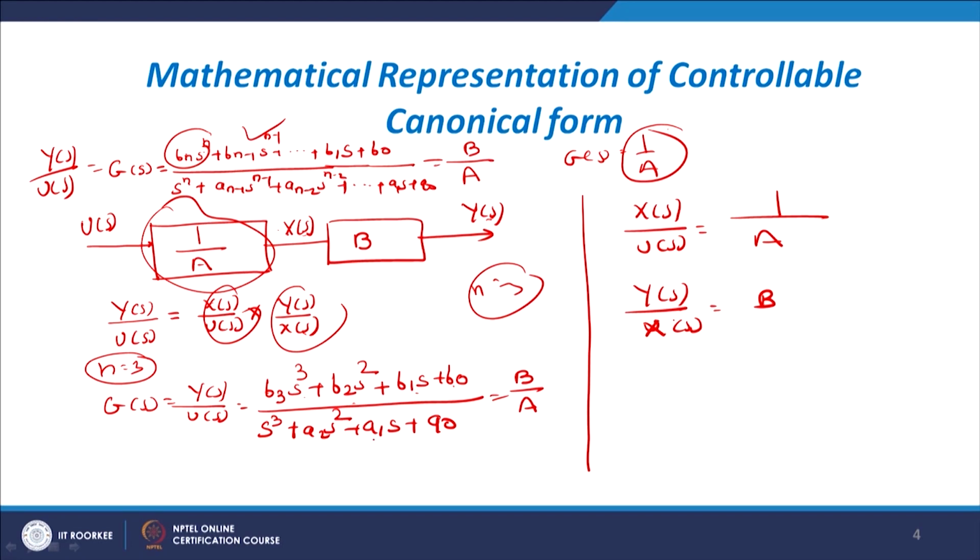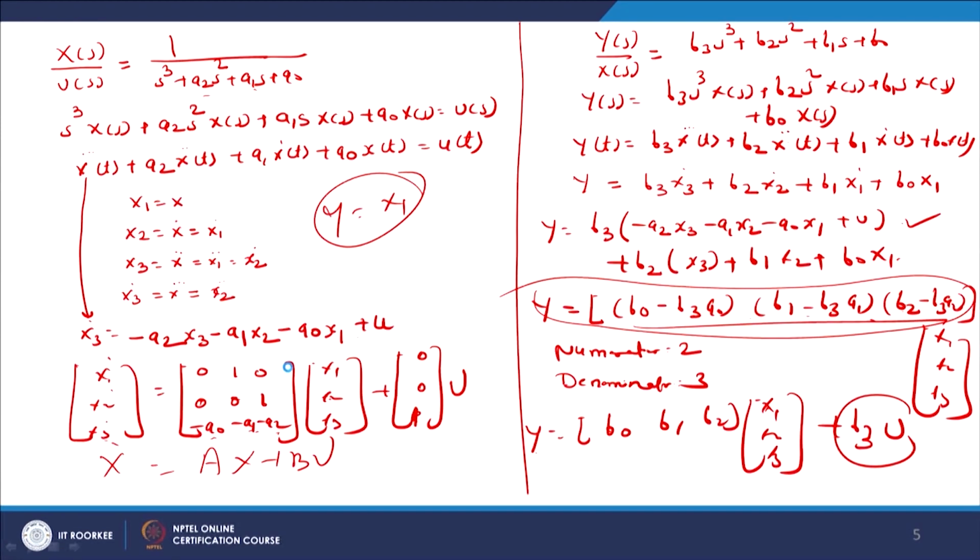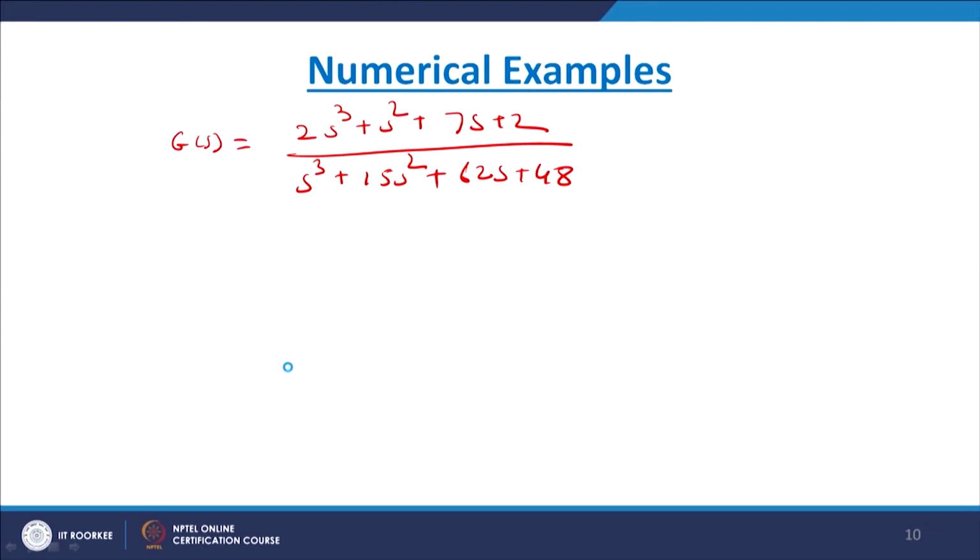Like this, a0, a1, a2, b0, b1, b2, b3. Therefore we write the elements like this. We have b0 equals 2, b1 equals 7, b2 equals 1 and b3 equals 2, and a0 equals 48, a1 equals 62, a2 equals 15.